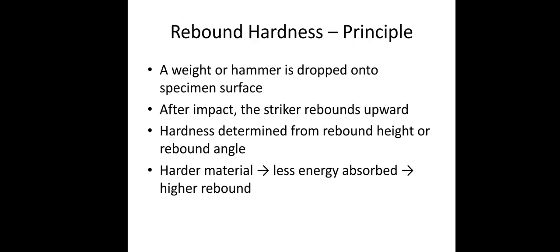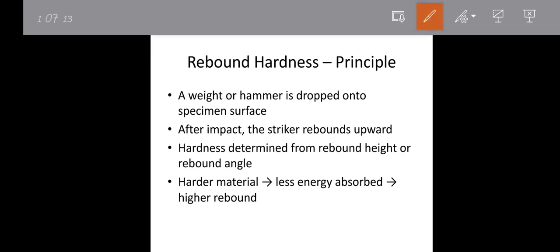Now we see the principle of the rebound hardness test. When a weight or a hammer is dropped onto the specimen surface, after the impact, the striker rebounds upward. That means when the striker hits the surface, part of the energy is absorbed by the material. The remaining energy makes it bounce back.